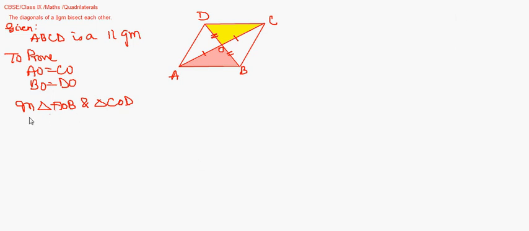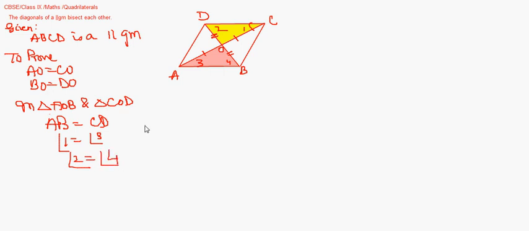So AB is equal to CD, right? They're opposite sides of a parallelogram. We have proved them to be equal. Now this angle, angle 1, 2, 3 and 4. Angle 1 will be equal to angle 3, alternate interior. Angle 2 will be equal to angle 4.